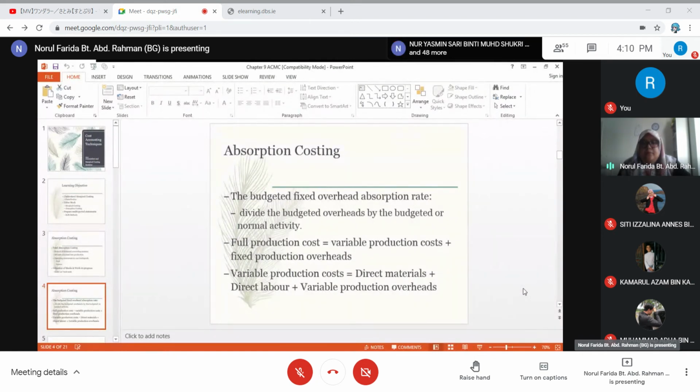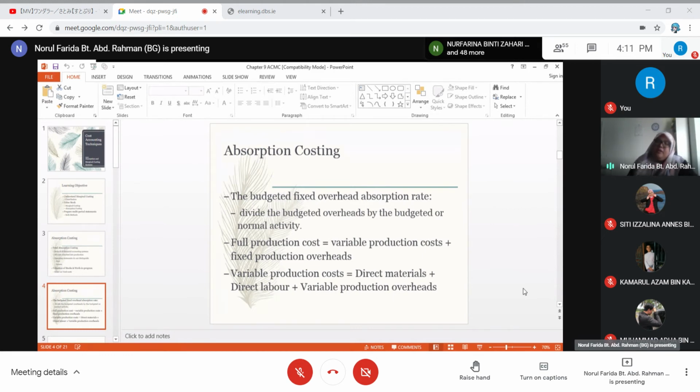Okay. Where your variable production cost is your direct material plus your direct labor plus your variable production overhead. Okay, that is what it says, variable production cost and fixed production overhead.